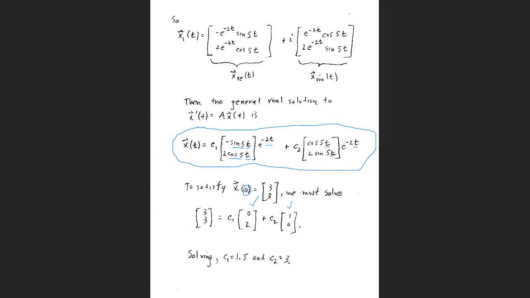But are there any questions? Okay, well, if you solve that, you're going to get C1 equals 1.5 and C2 equals 3. And so we're going to replace the C1 with 1.5, and we're going to replace the C2 with 3. Okay, good. People are comfortable.